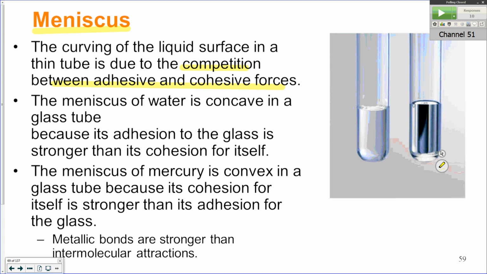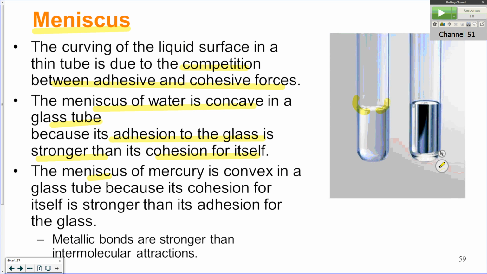With water, the glass is a polar substance, and water is a polar substance, and the meniscus with water is concave because the adhesive forces between the glass and the water are higher than the cohesive forces of water molecules for itself. So the water is actually trying to climb up the walls of the glass. Okay, so the shape of the meniscus is down.